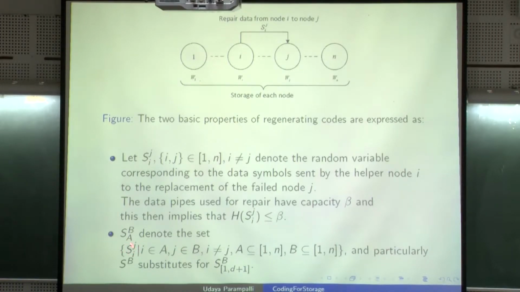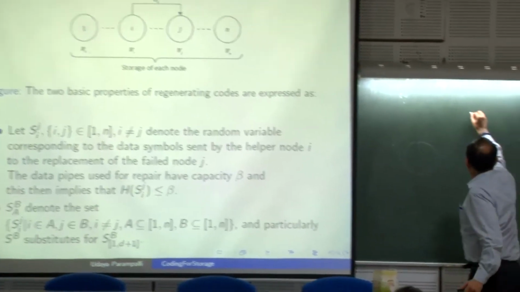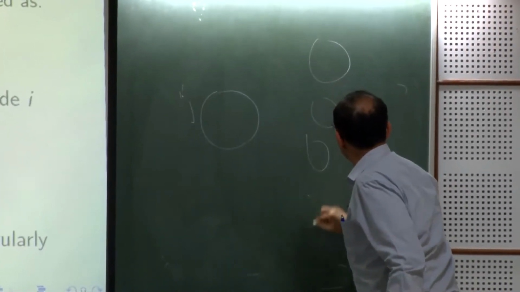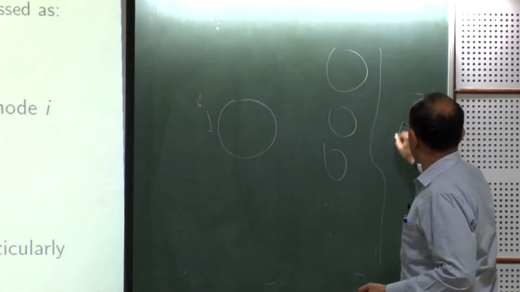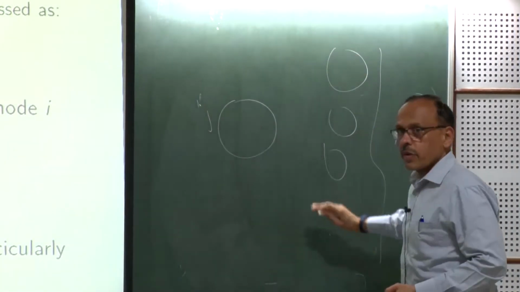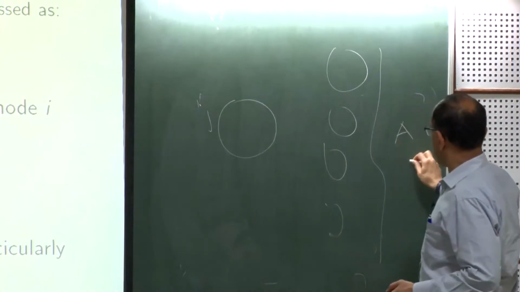So here there is node j, and all the other nodes I put in set A. These are the set of nodes. What is the size of A?